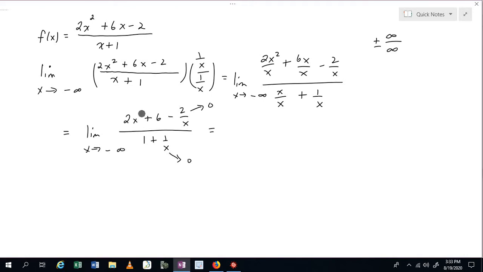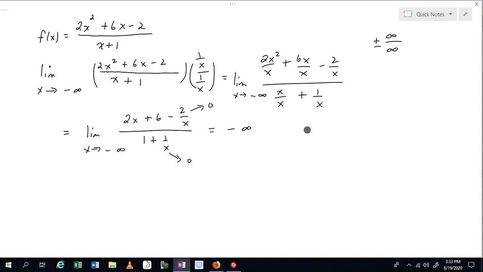And so this number on top, this piece here, is heading towards negative infinity over 1, which is negative infinity. So the end behavior on the left is this function is heading downwards towards negative infinity. Okay, so we've discovered the end behavior of this rational function. Up on the right, down on the left.